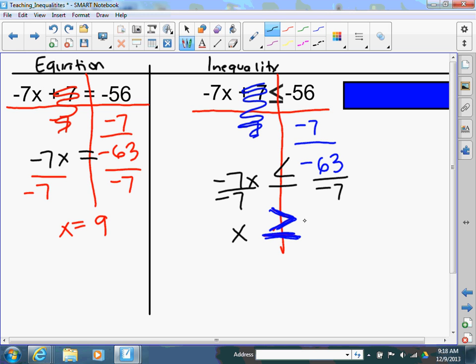So we get x and we get 9. Any questions?